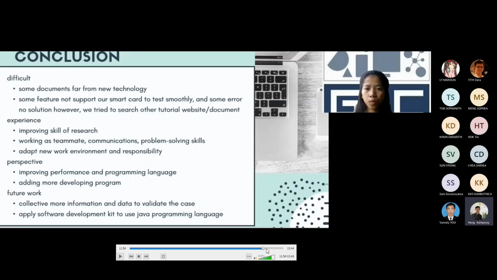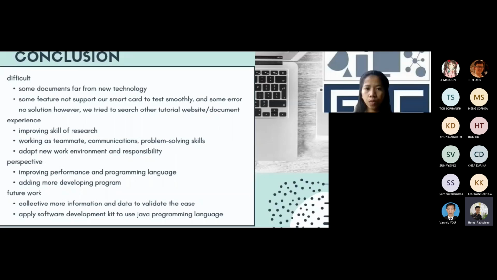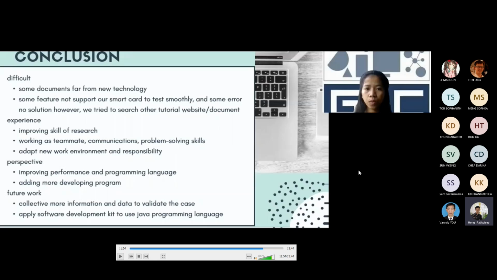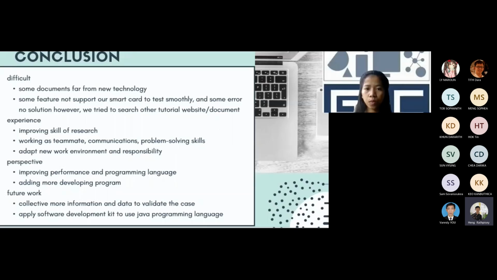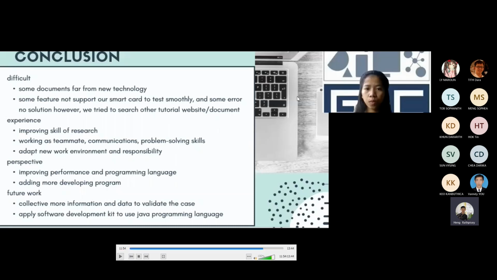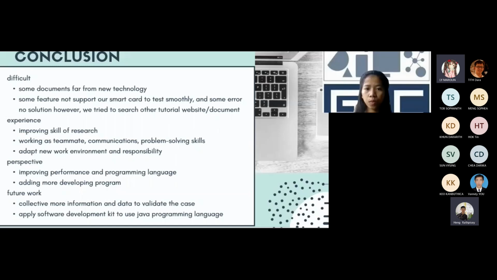Maybe I want you to explain again, can you tell me a step-by-step process of how your project or your system works when you successfully implemented it, starting from scratch?